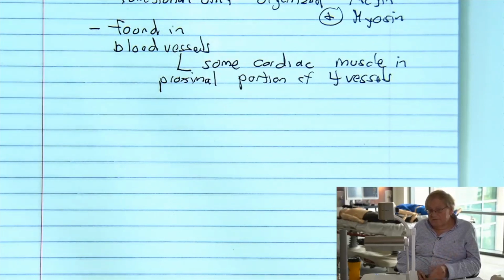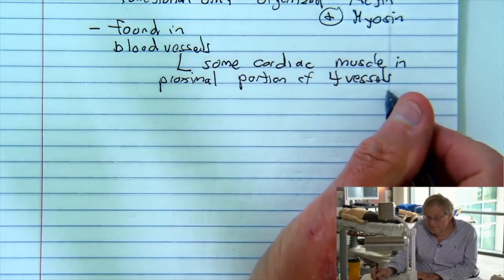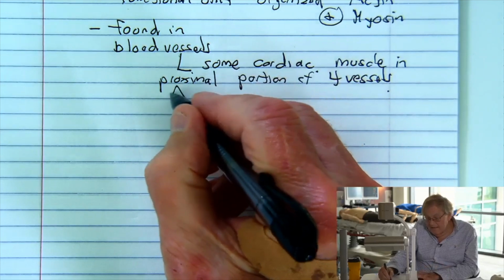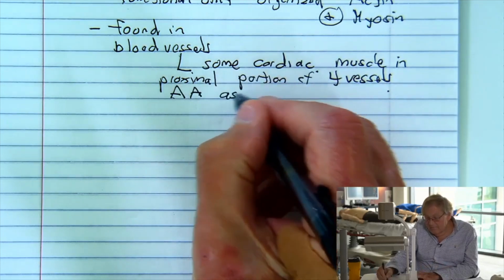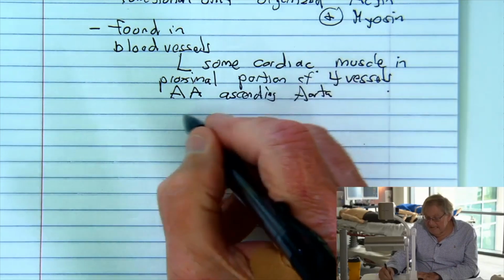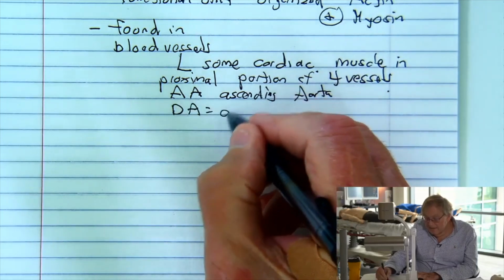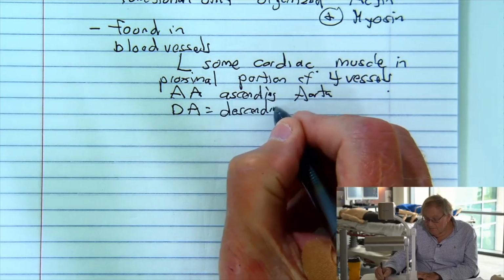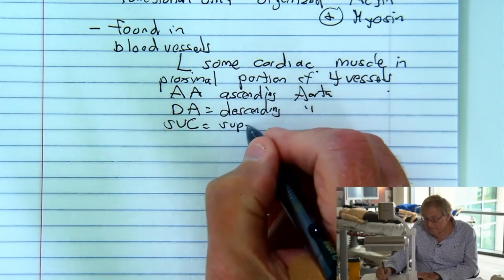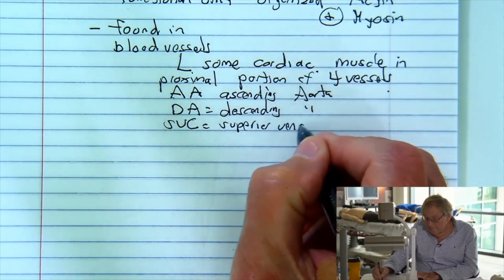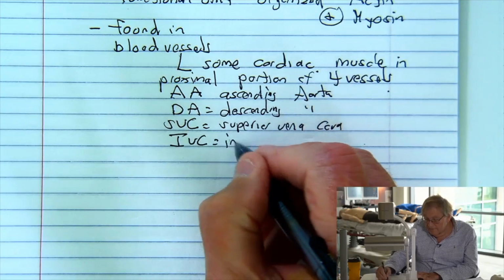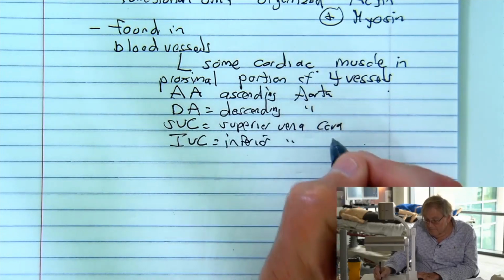For today's purposes, remember that the 4 vessels that have some cardiac muscle as they exit the heart are the AA, the ascending aorta, and the DA, the descending aorta, and the SVC, the superior vena cava, and the IVC, the inferior vena cava.